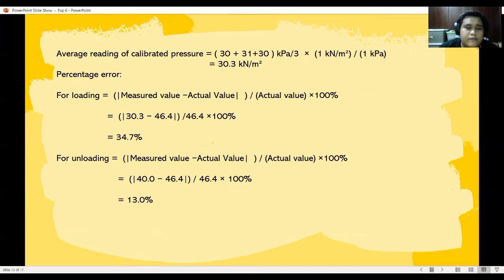So 34.7% percentage error for loading. Same goes to the unloading one, the formula is the same but the value is different. So 40 minus 46.4 divided by 46.4 times 100%. So 30% percentage error for unloading.